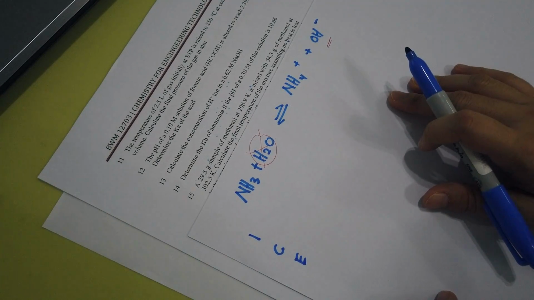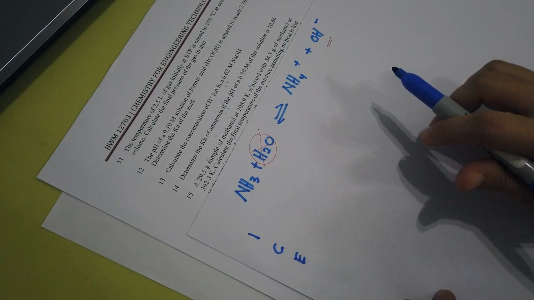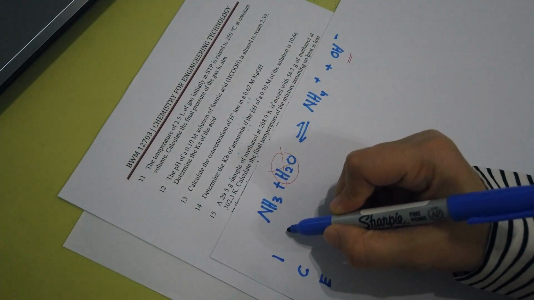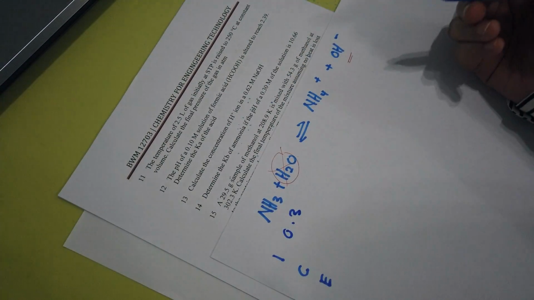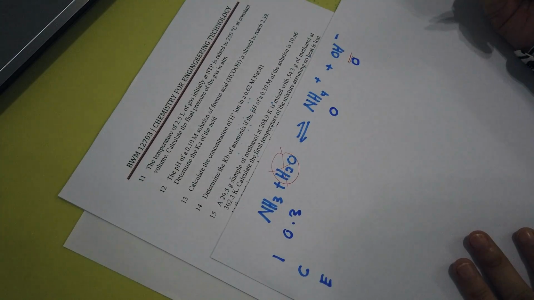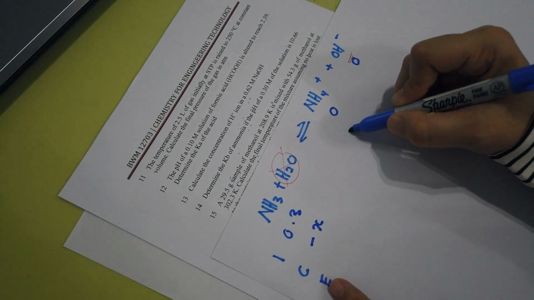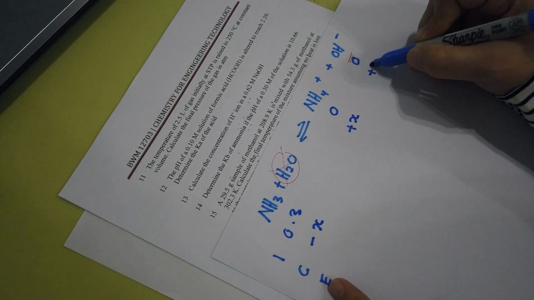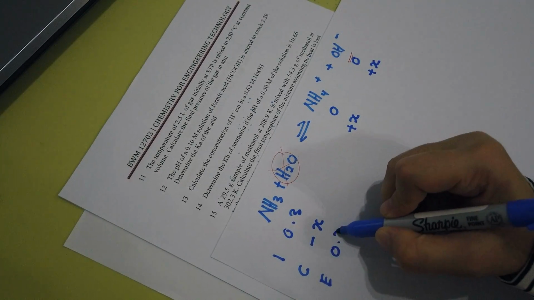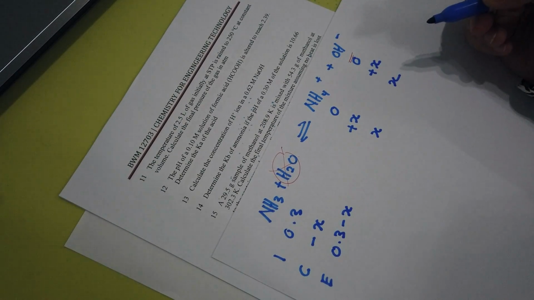So from the question, it states that the initial concentration is 0.3. So initially there's no dissociation occurring, so 0, 0. So here negative X, positive X, and positive X. So at equilibrium you will get 0.3 minus X, X, and X. Okay.